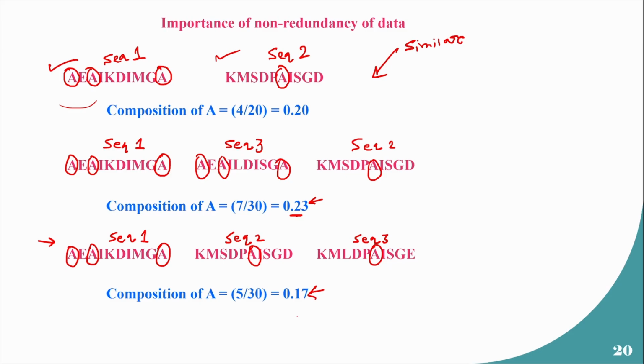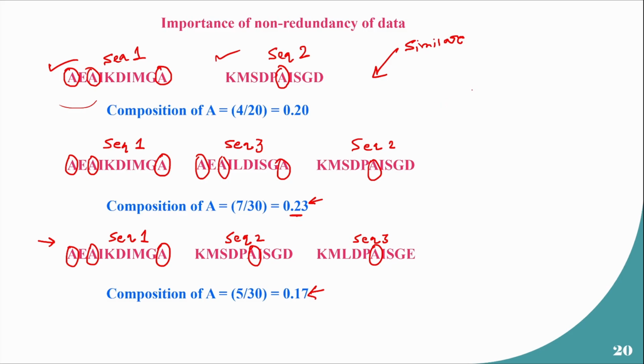So firstly, I will go through the composition, right? Now, in this whole data set, let's say you have included certain sequences which are very similar to one another. Let's say they have a very high sequence identity with one another. They are different proteins, certainly there are some differences, but they have a very high sequence identity.